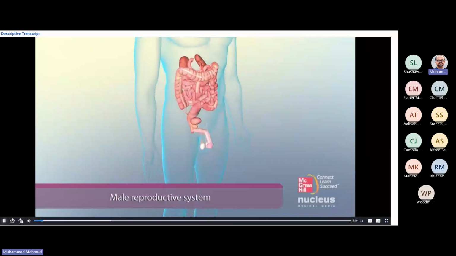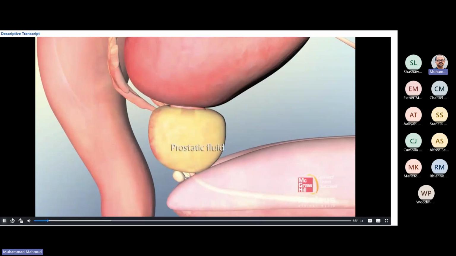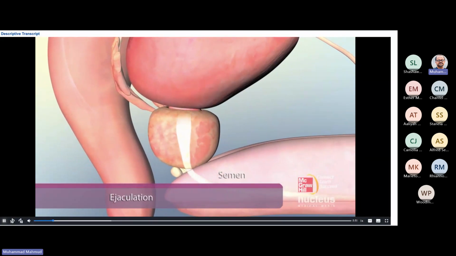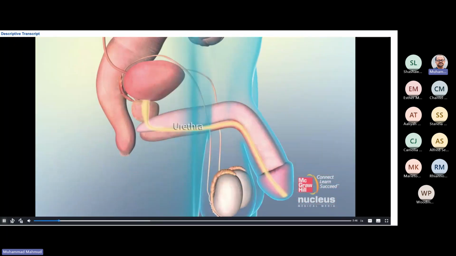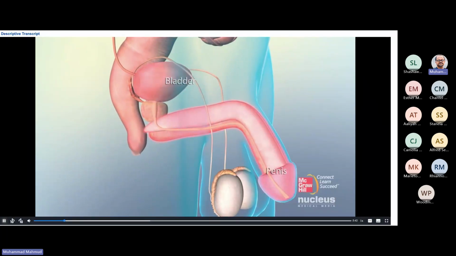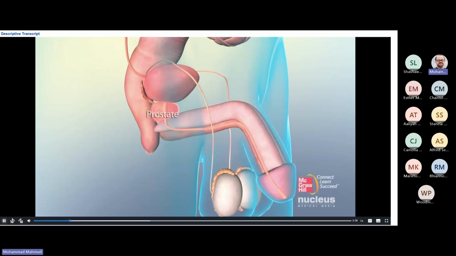The prostate is part of the male reproductive system. It produces prostatic fluid, a component of semen that carries sperm during ejaculation. The urethra, a tube that carries urine from the bladder through the penis and out of the body, passes through the prostate.